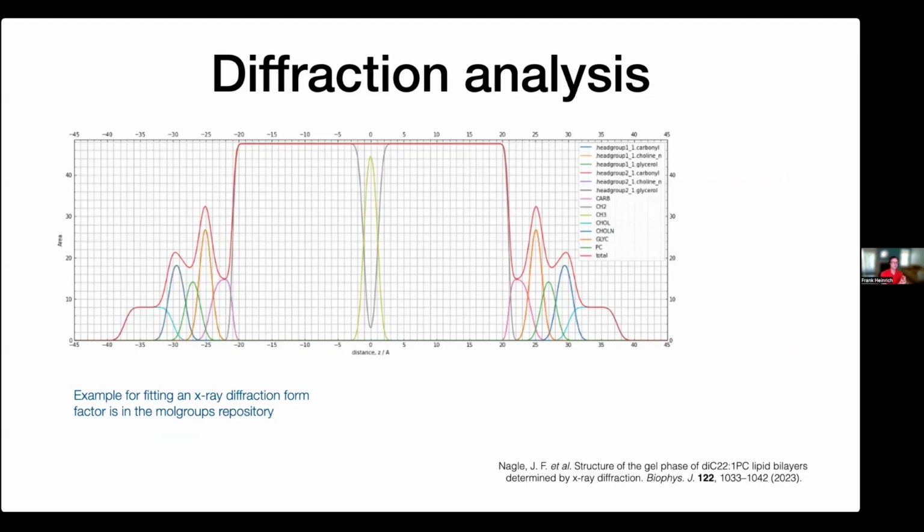Okay, just a few examples of what you can also still do with this composition space modeling and how far you can take it. So this is now just an example of neutron diffraction data. So it's a recent publication where we had neutron diffraction data from a not that relevant lipid, but which gives really good diffraction data.